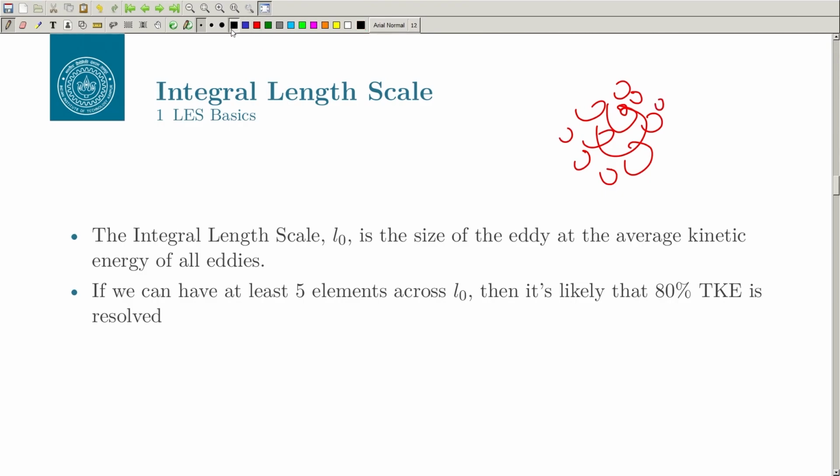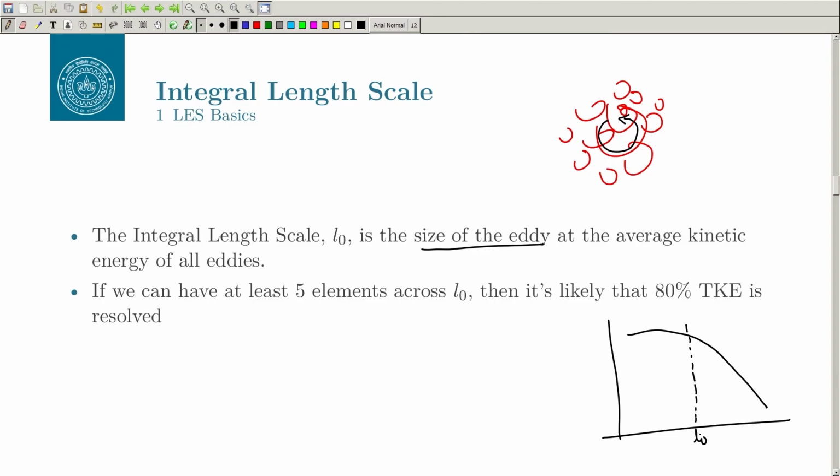What you do is choose a scale which represents the average eddy size. To be more accurate in LES, this is the size of the eddy at the average kinetic energy of all eddies. So, if you have a spectrum like this, somewhere here is your L0, which gives you the average kinetic energy.